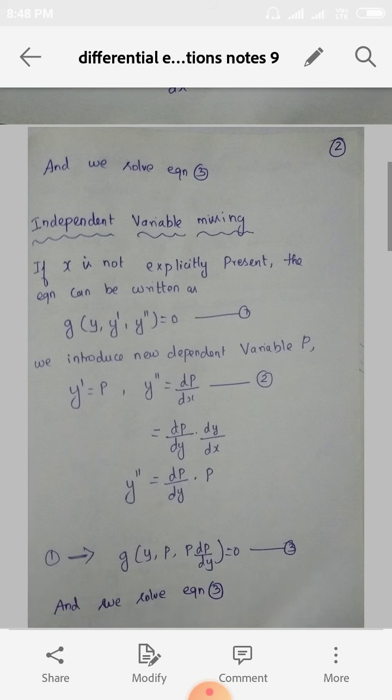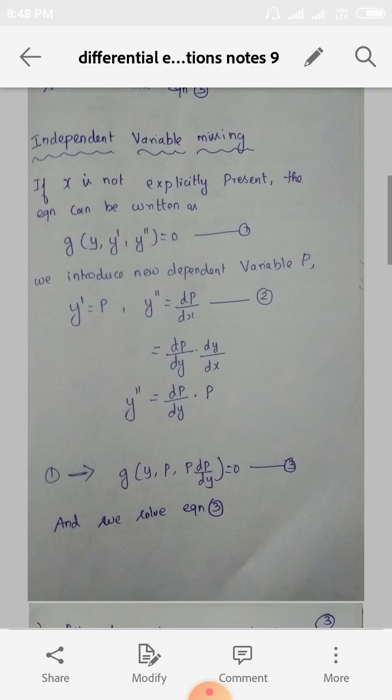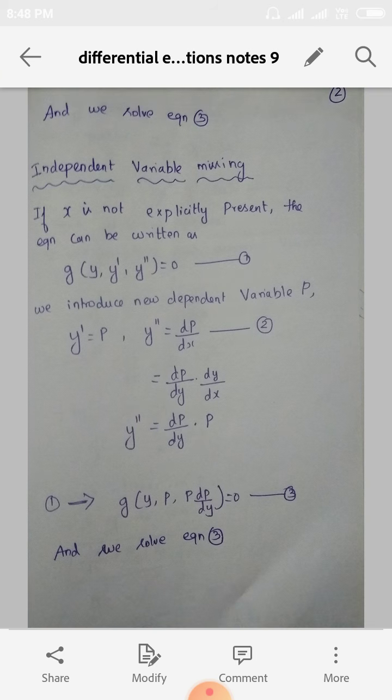Suppose g of y comma y dash comma y2 dash is equal to 0. In this condition, x is not present. So this is the second type. Mark it as equation number 1.